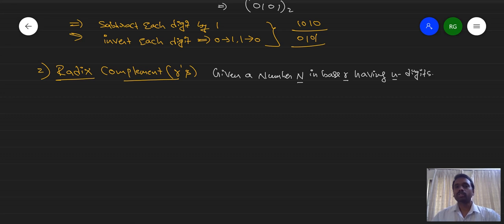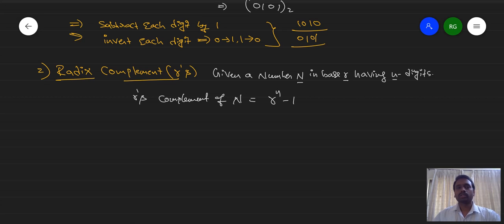So in this case, the R's complement of my capital N is equal to simply R power n minus N. So this is what my R's complement is, right?